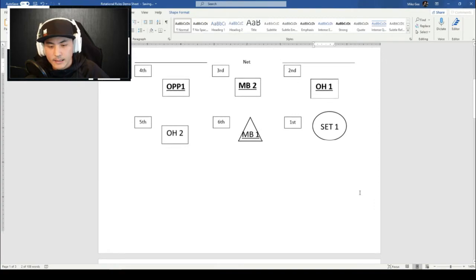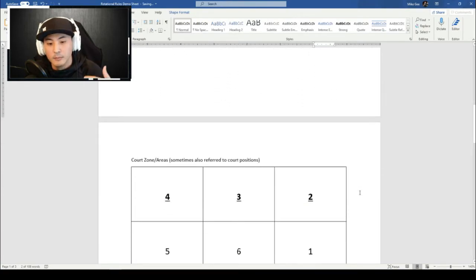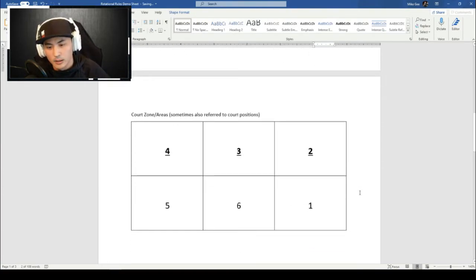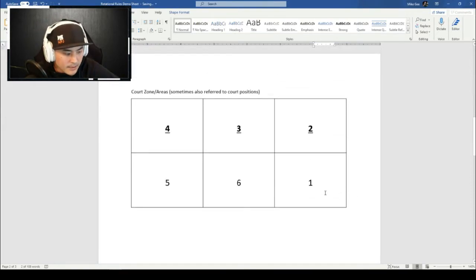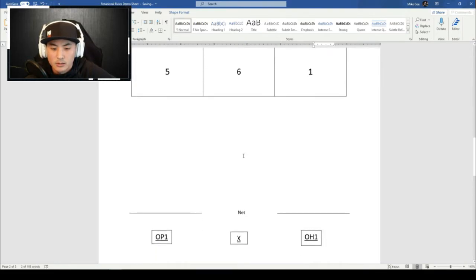The last thing that I think is really helpful, that I'm just now starting to use with my explanation to these players, is that these court and zone positions never change.